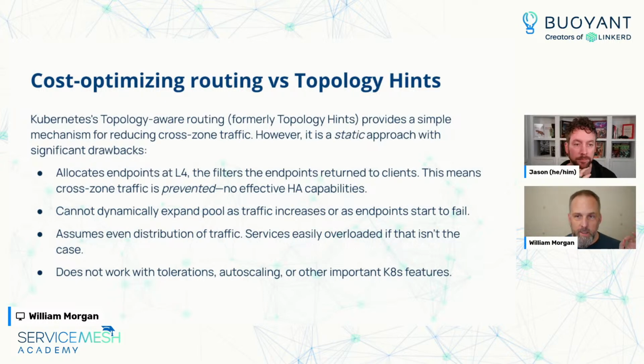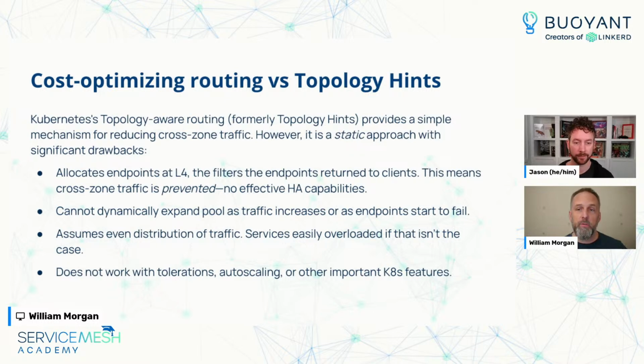If you are a deep Kubernetes nerd, you will immediately be asking yourself, what about topology hints? We looked long and hard at topology hints. They are very, very crude, and they cannot provide both HA and cross-zone and single zone affinity at the same time. Really surprising.